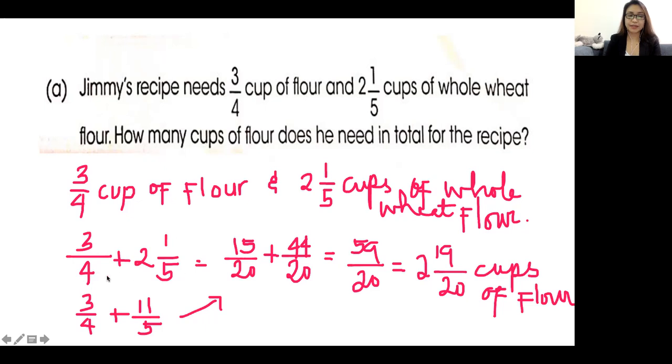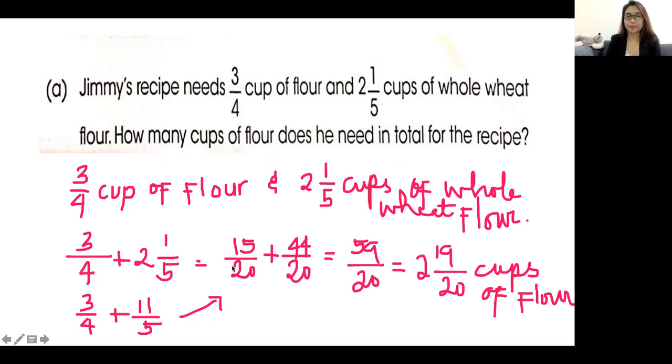We have to get the LCM of this one, because we have to add like fractions or same denominator. But since 4 and 5 are not the same, we have to make it the same denominator, right?